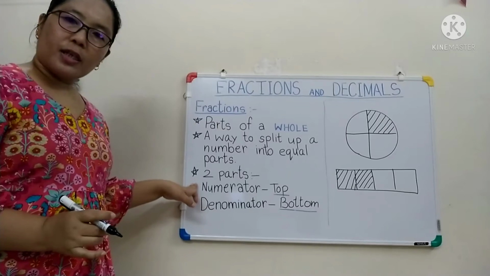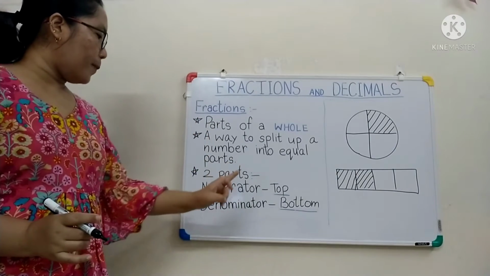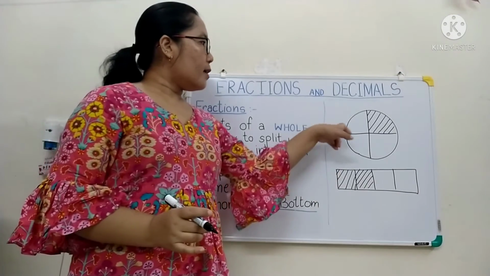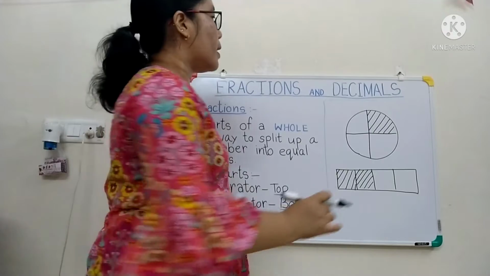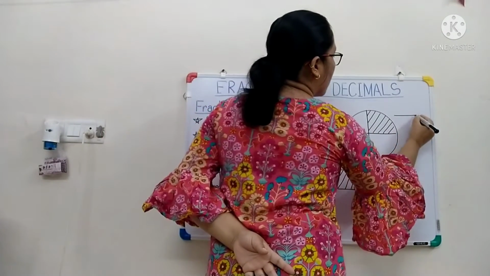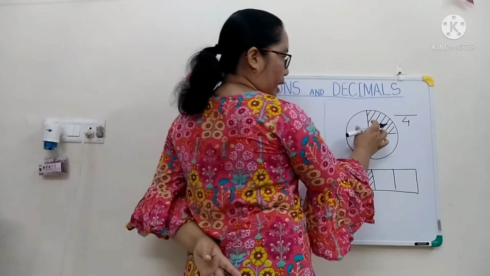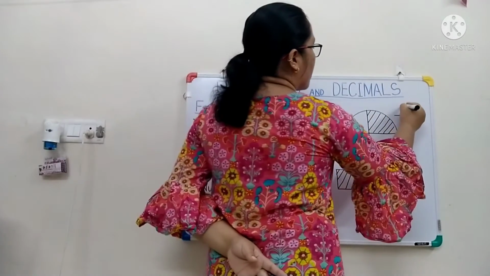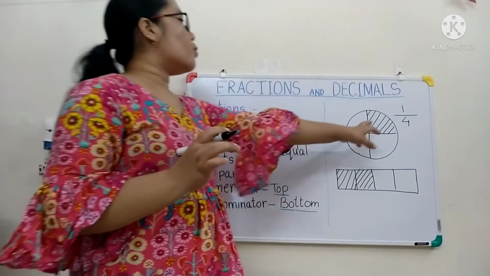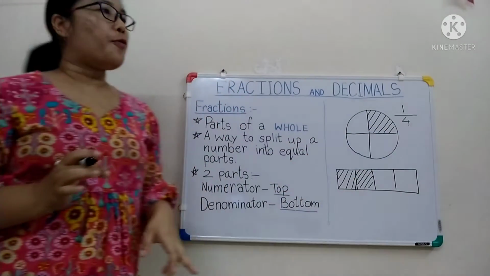And a fraction has 2 parts. One is the numerator, at the top, and the other is the denominator, at the bottom. So how many parts are there in this circle? 1, 2, 3, 4. So we write 4, and from these 4 we take 1 part. To show this condition we write it in this form, and this form is nothing but the fraction.